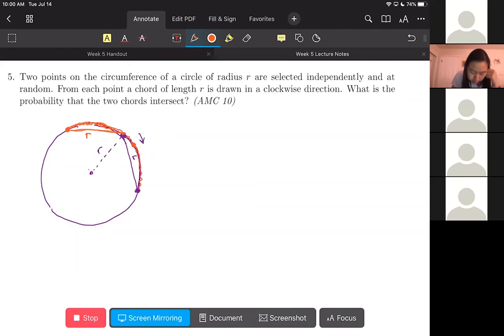If I pick anything closer, it will overlap, and if I pick anything farther, it's not going to intersect. Does that make sense to everyone? Yes. So basically, if I pick anything here, then it will intersect, and if I pick anything else on the circle, it will not.